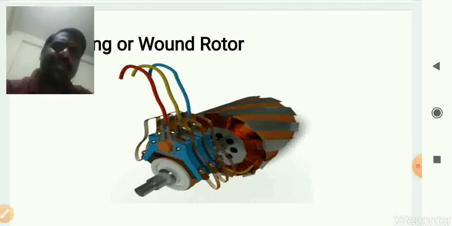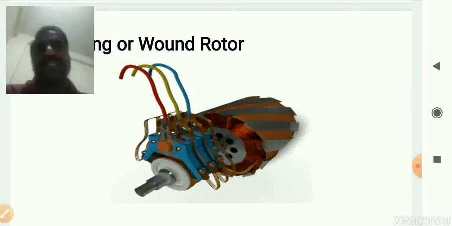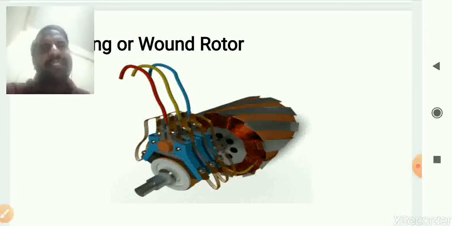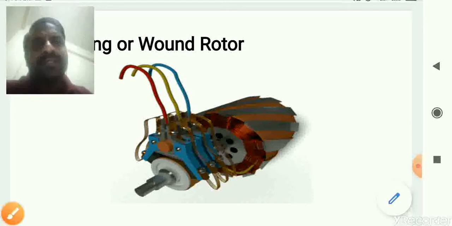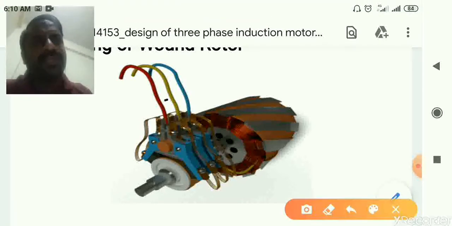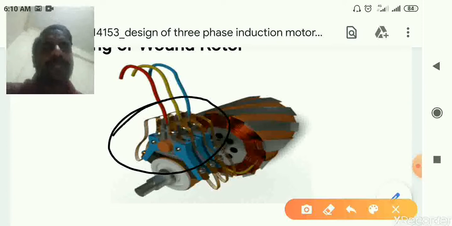And this particular construction of the slip ring induction motor allows the facility to add or connect external resistance in the rotor circuit. We can add the external resistance in the rotor circuit with the help of brushes which are connected to the slip rings. So this is the brush assembly, and the brush is the stationary part, whereas the slip rings are mounted on the same shaft of the induction motor, or rotor.